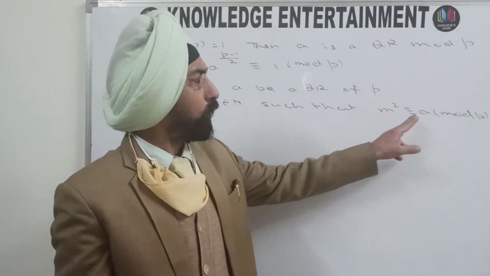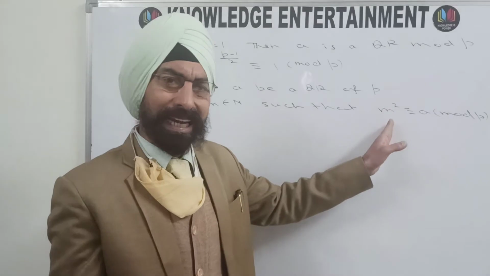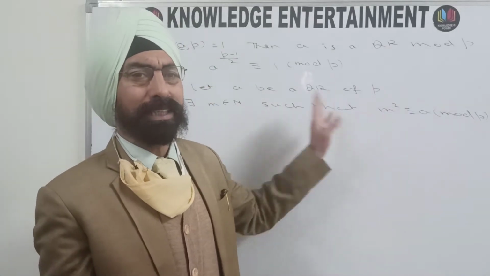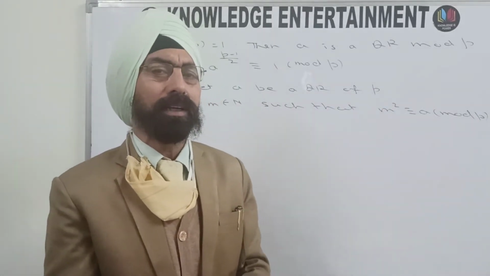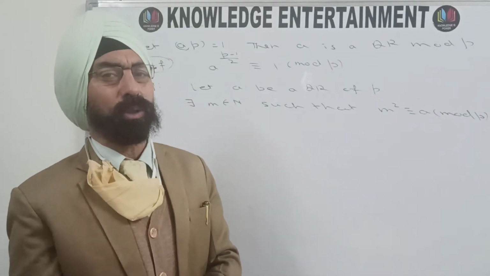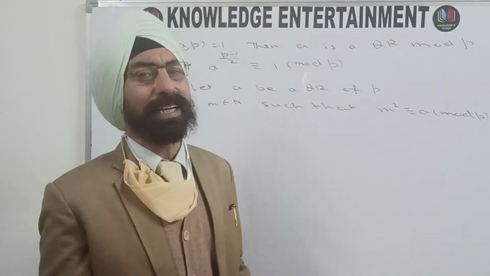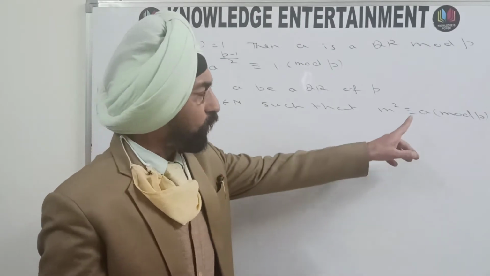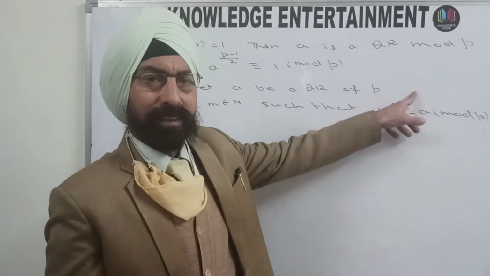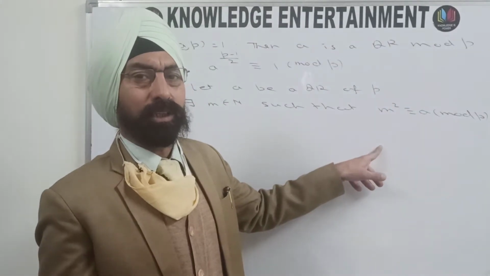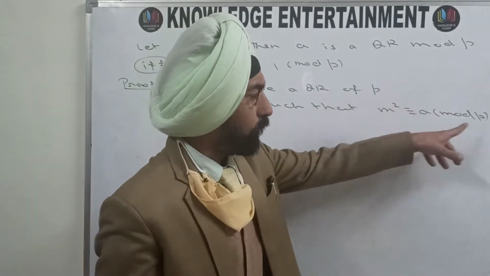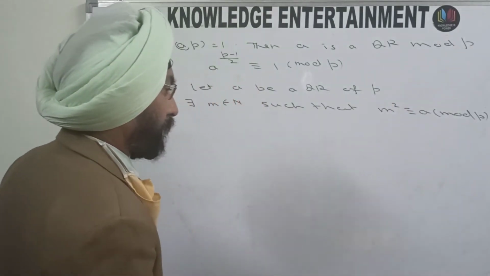So x squared congruent to a modulo p must have a solution, and that solution I have taken as m. So m is a natural number which is the solution of the quadratic congruence x squared is congruent to a modulo p. So m must satisfy that quadratic congruence, and I have satisfied that quadratic congruence by m. So m squared is congruent to a modulo p.